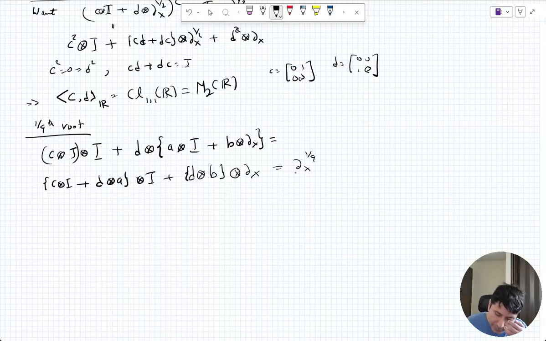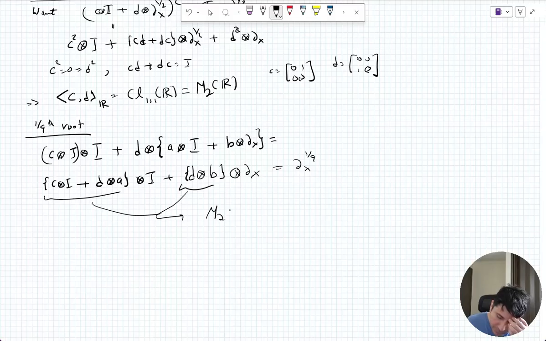How is this defined? These matrices belong to M2 of R tensor over R M2 of R. Not sure what that space is, but that's what it is.